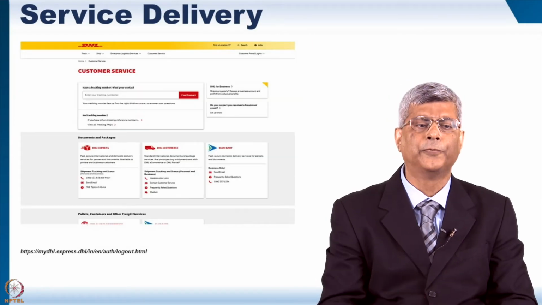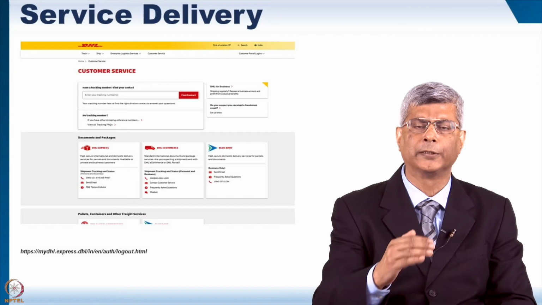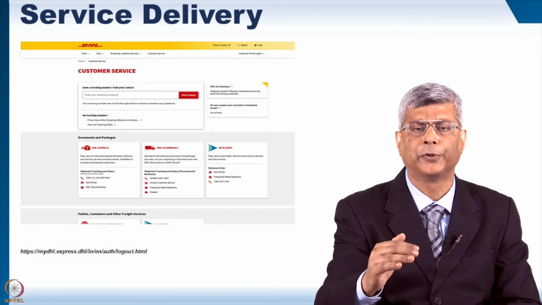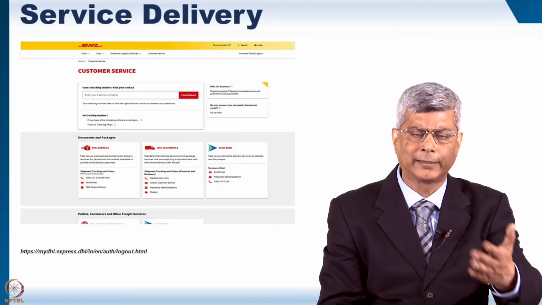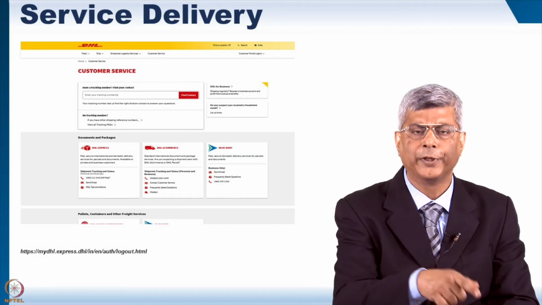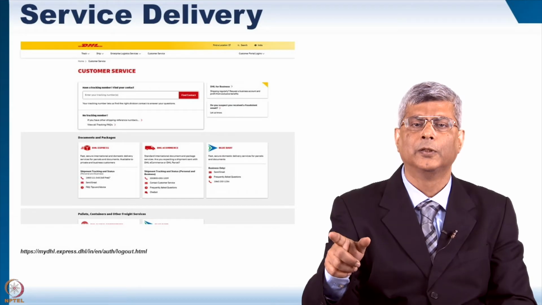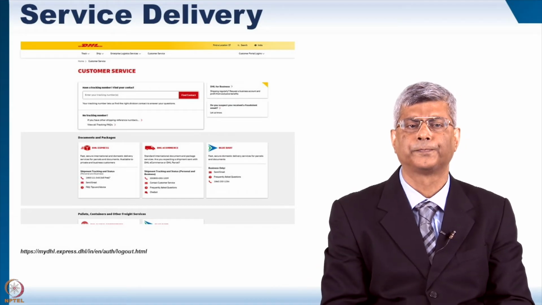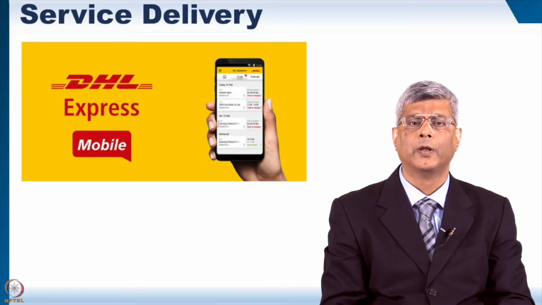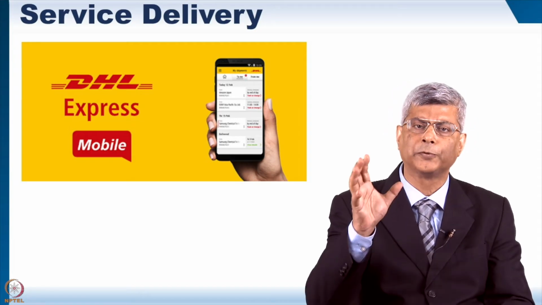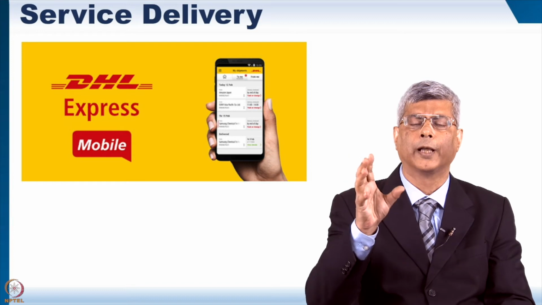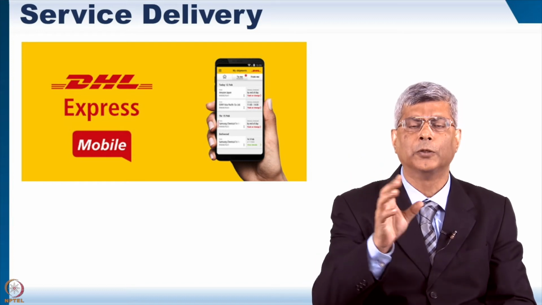And then, if you look at it, there are many other options which make it easy for you to understand what service you are getting. In this case, moving a parcel and gift to somewhere else. And most of the service providers, and DHL in this case, also give you an option to use it on your mobile.